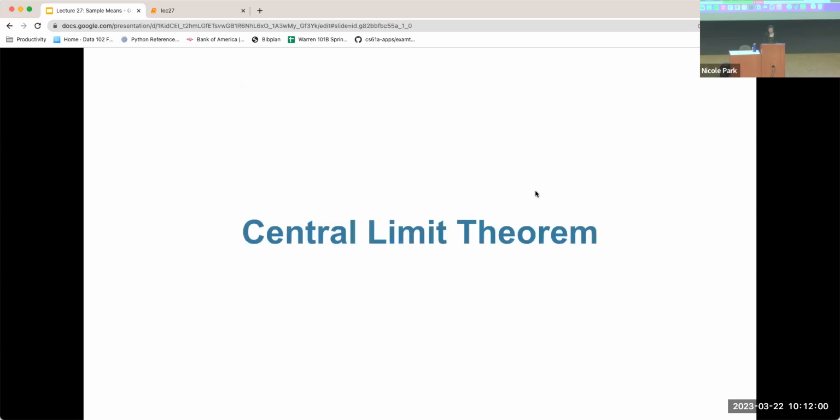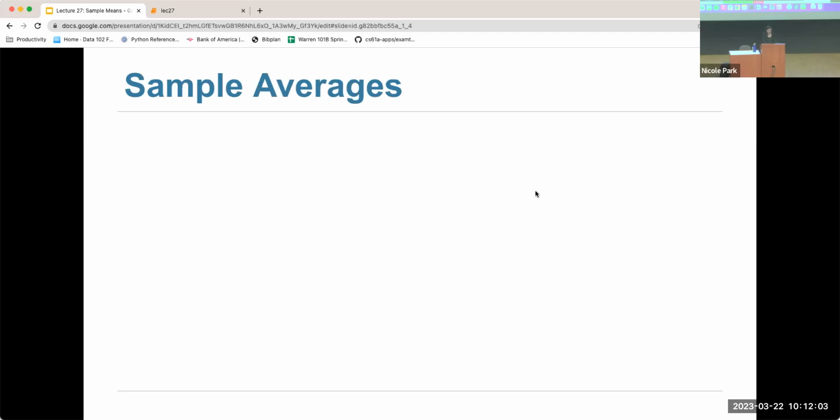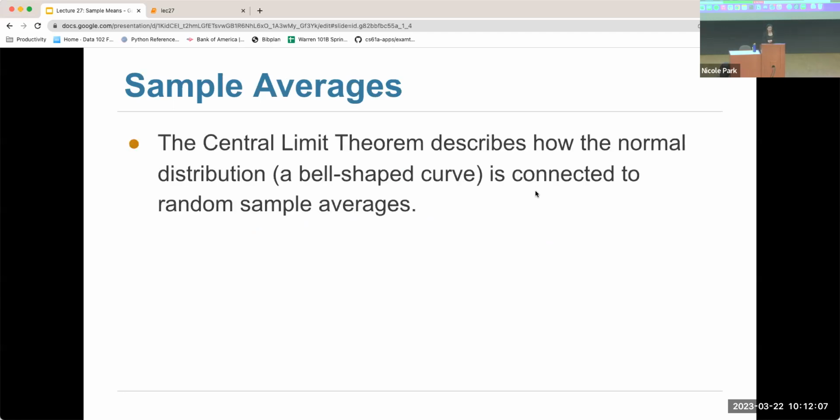So let's get started with the central limit theorem. Sample averages are something that we are going to cover today. The central limit theorem describes how the normal distribution, or a bell-shaped curve, is connected to random sample averages. So the central limit theorem basically helps us to understand how a bell-shaped curve can relate to sample averages.